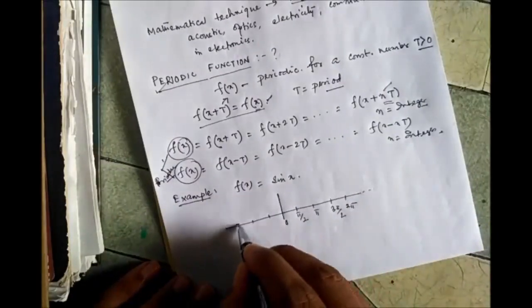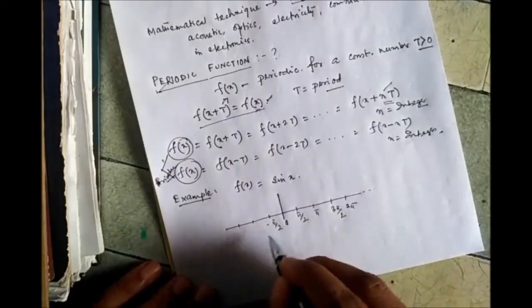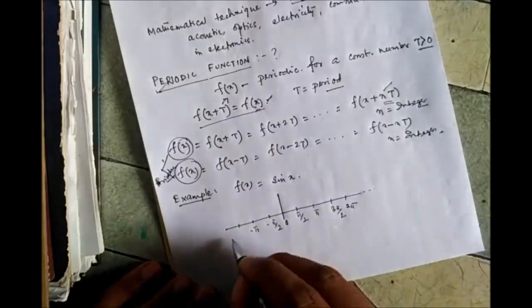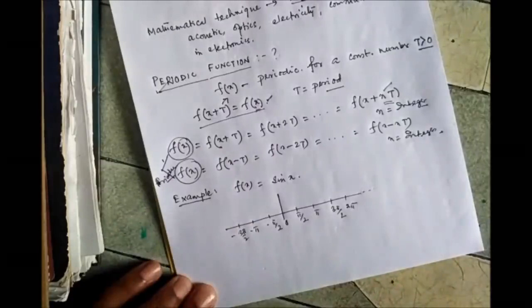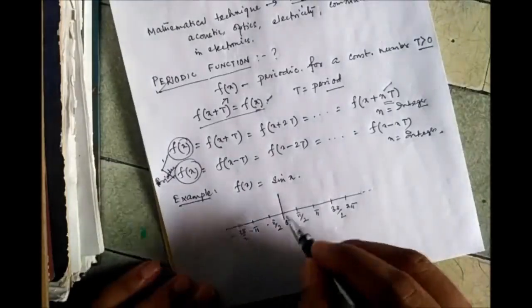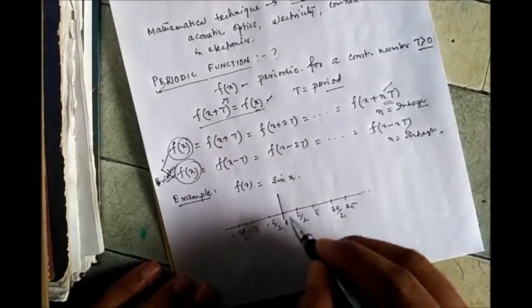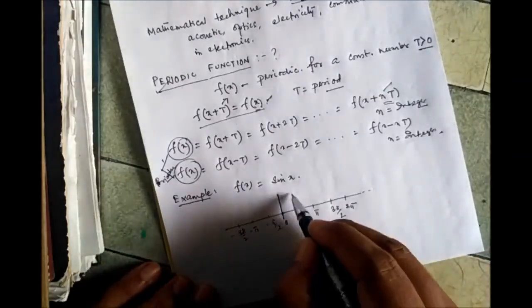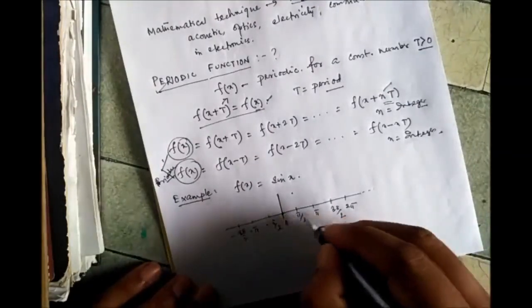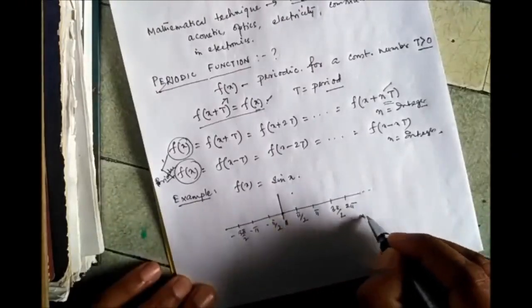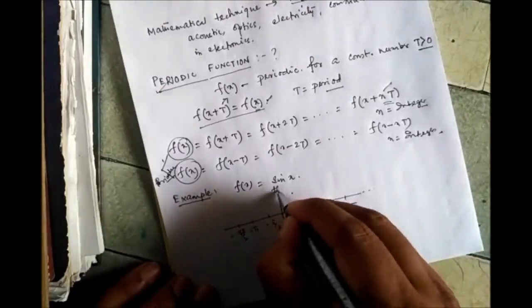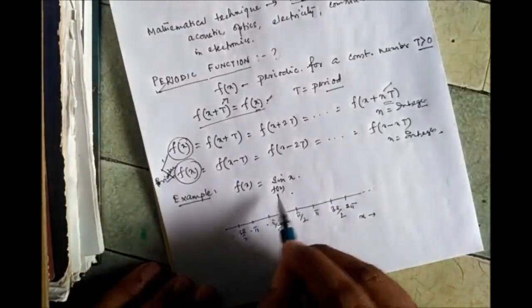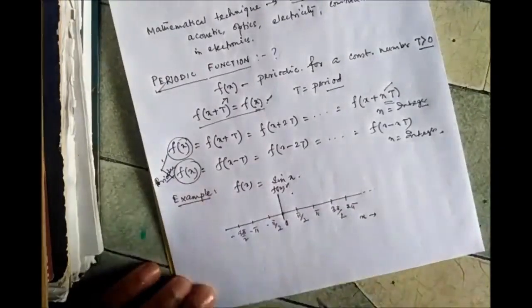On the left hand side, there is also minus pi by 2, minus pi, minus 3 pi by 2, etc. When the sine function starts from 0, the value of the sine function is 0, and at x equal to pi by 2 it reaches the maximum. This is the axis of x, and this is the axis of f(x), where f(x) is sin x.